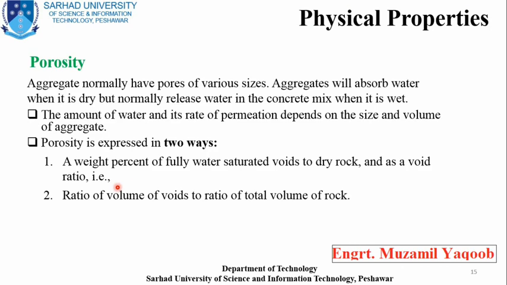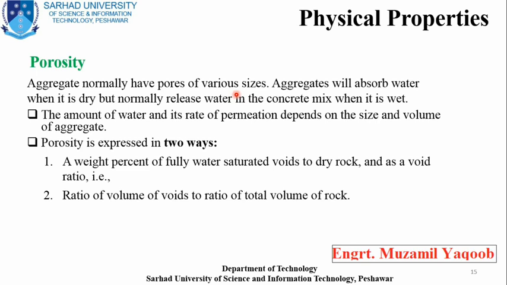Now coming towards porosity. As I discussed in the previous slide, porosity means having pores of various sizes, right? Normally different types or different sizes of aggregates have different sizes of pores. Pores means empty spaces inside the aggregates.